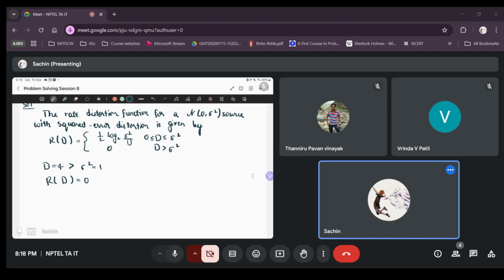That is, you don't need to do any proper coding, and just by the nature of your source, your distortion will be less than the required quantity. If I could explain that with the diagram, suppose this is the distortion and this is your rate.